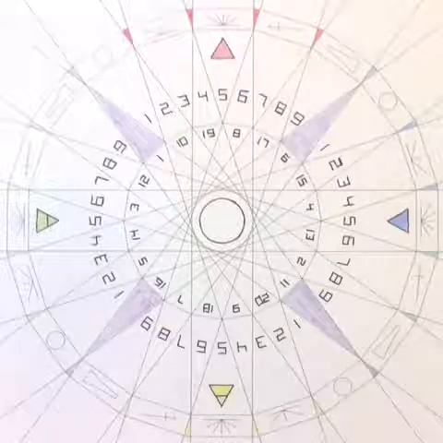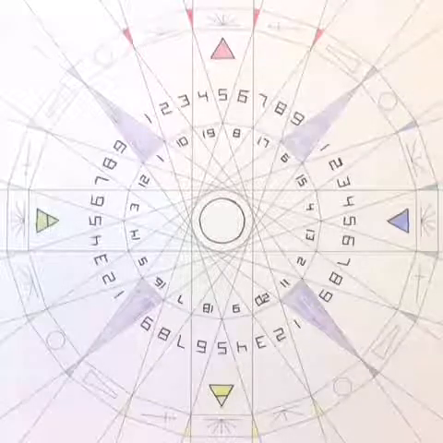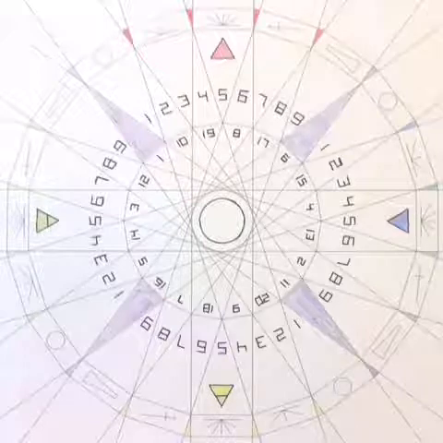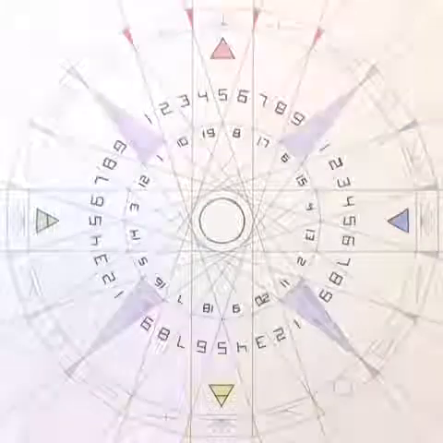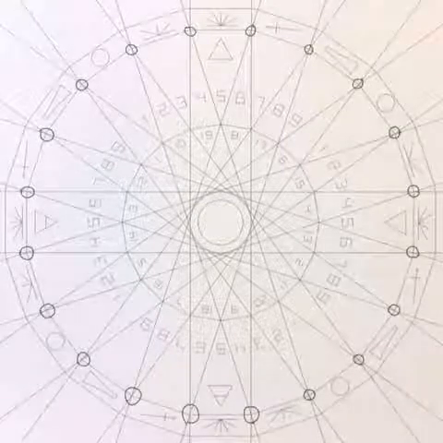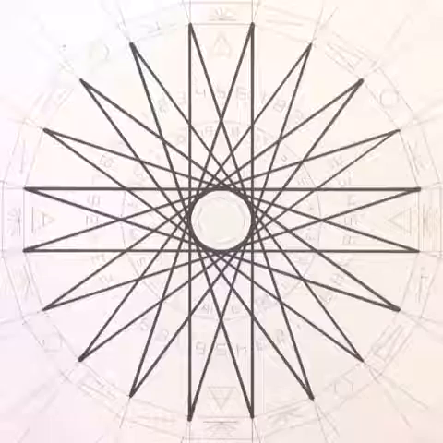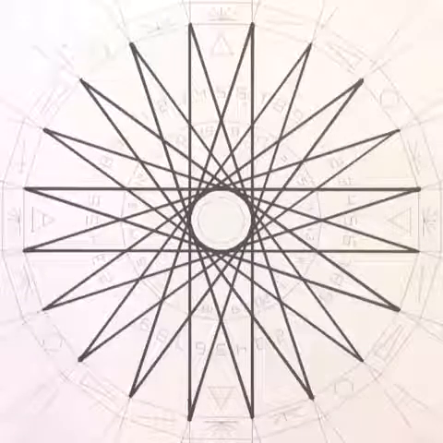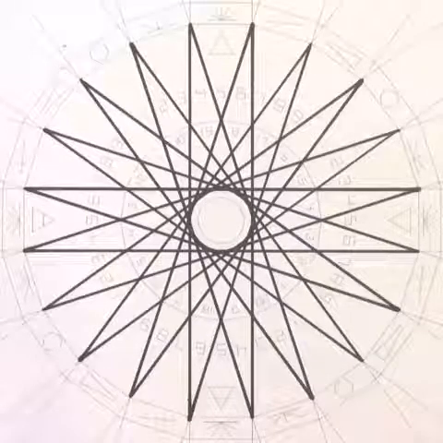Next is the placement of the numbers 1 through 20 that correspond to the element of life in the center. The placement of the numbers corresponds to the first intersection of the 20 lines on the outside edge of the framework. This first intersection makes a perfect 20-point star.